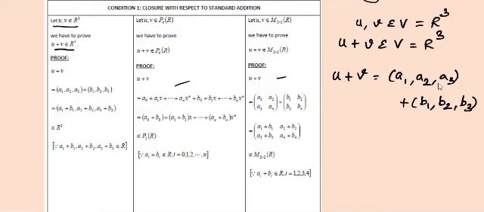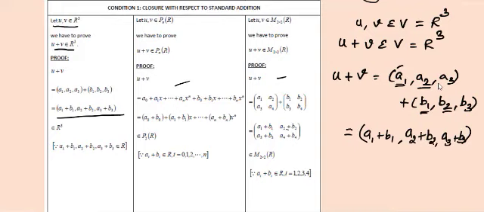Now u plus v means we should add component wise, that is this component and this component must be added. So a1 plus b1 will be the first component, the second component will be a2 plus b2, and then a3 plus b3. That is what is displayed here.